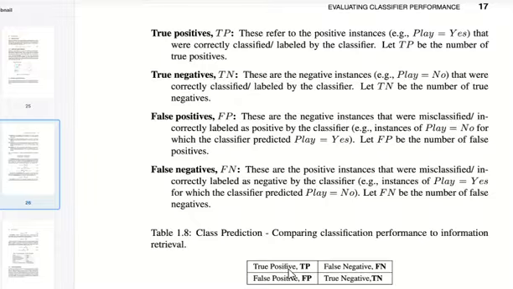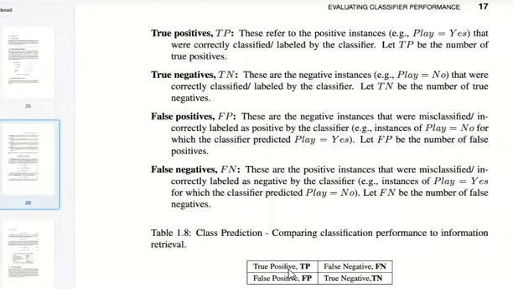So what is TP? True positive. If the model, say your logistic regression model, correctly classifies the positive examples, that is called true positive.